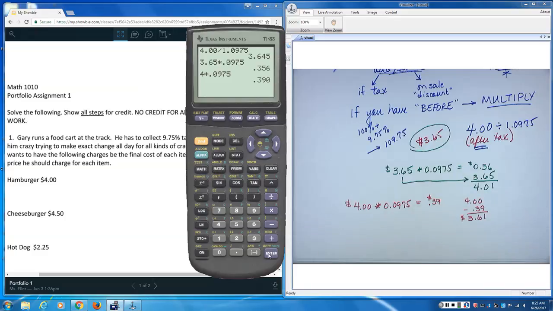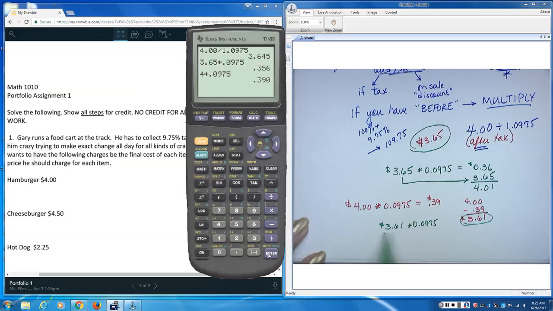Now here's the problem. If you have your pre-tax price of 361, and you multiply it by the 0.0975, because that's the way they actually calculate the tax, is to take 9.75% times the menu price, this is what you get. $0.35.